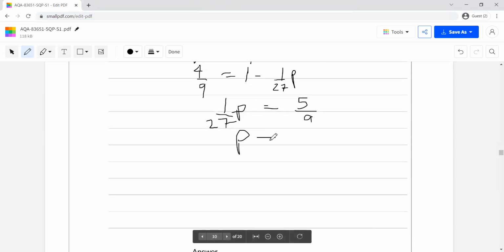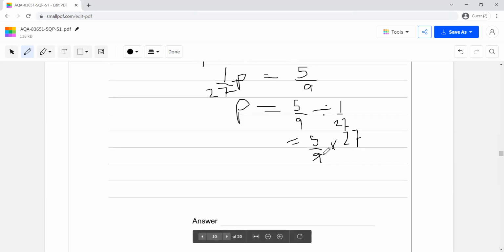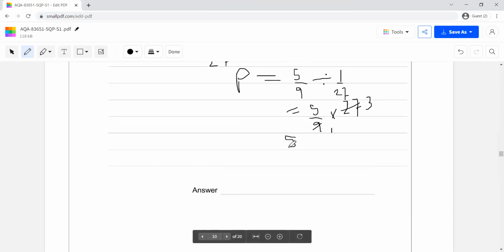So p is equal to 5 over 9 divided by 1 over 27, which is 5/9 times 27. This becomes a 1, this cancels, becomes 3. So 5 times 3. So p is equal to 15.